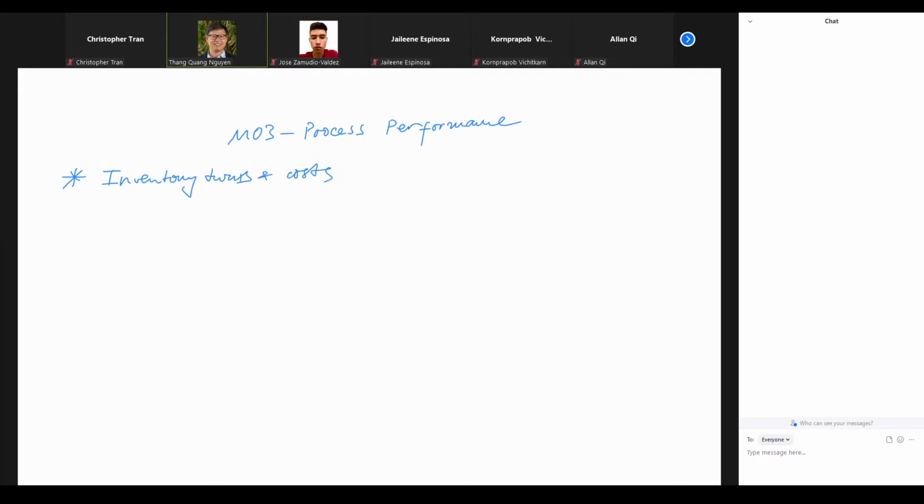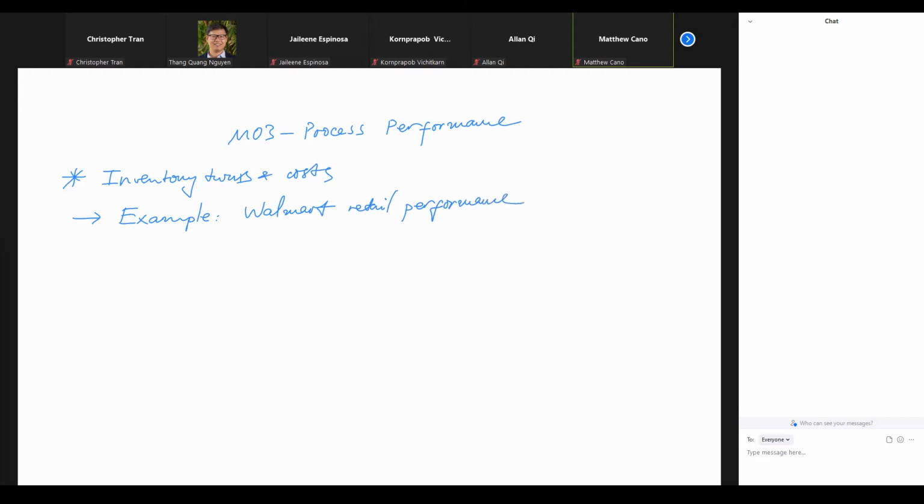And the example that we have is about Walmart. And again, this is module 3, slide 31.